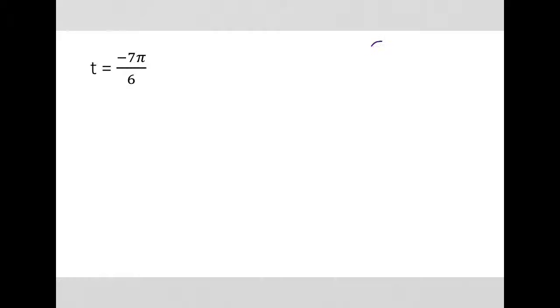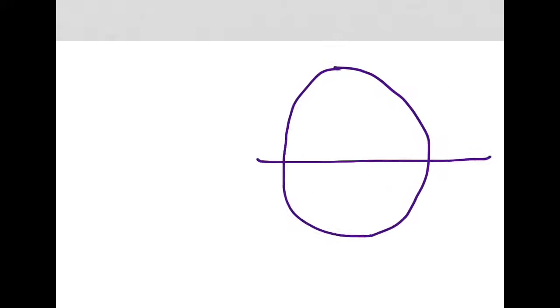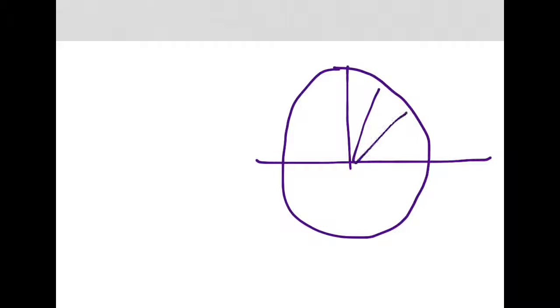And what I do is I draw myself a little reference unit circle, and I split each half of the unit circle up into whatever the denominator is. So in this case, 6 pieces. So if I split it in half and then each half into thirds, I get my 6 pieces, and I'm going to do the same thing in the bottom half as well.